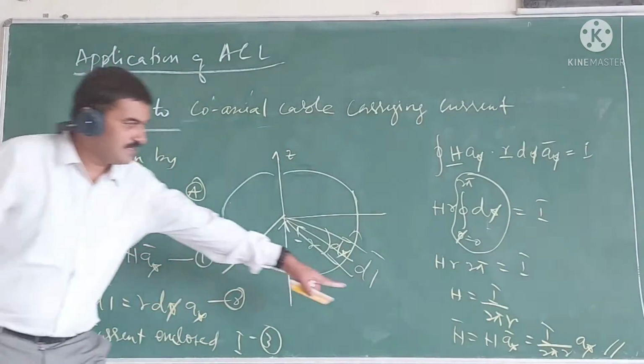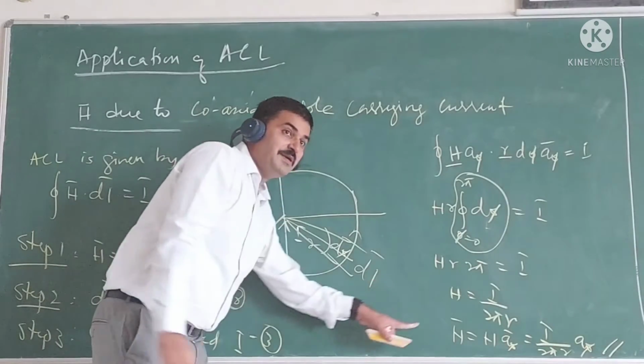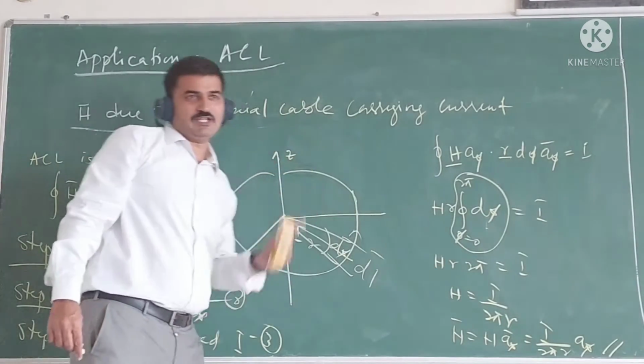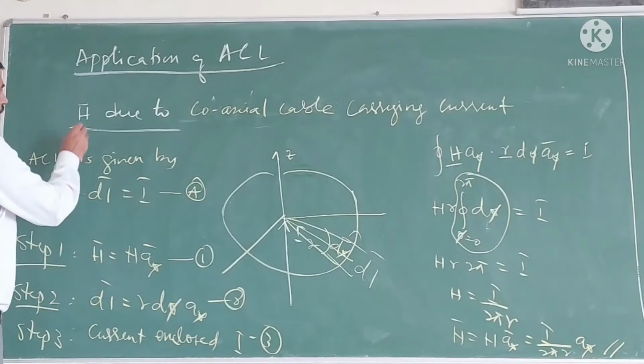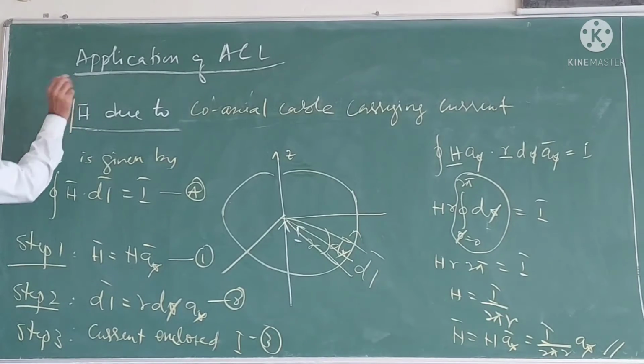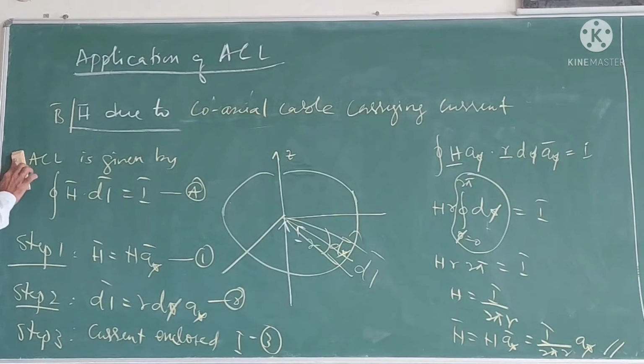What is B bar for this? B bar is mu into H bar. If you want, you can write on B bar or H bar. Shall I write both these things?